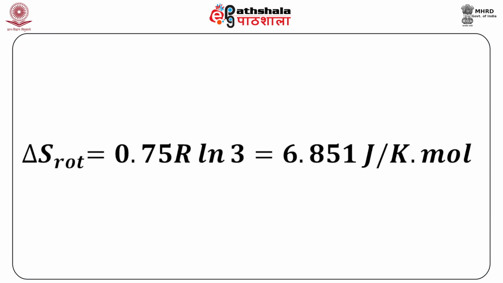This contribution is equal to delta S rotational, which is 0.75 R ln 3. This 0.75 is coming from 3/4, because in a mixture the maximum you can have is 75%, and that gives you a contribution equal to 6.851 joules per K per mole.